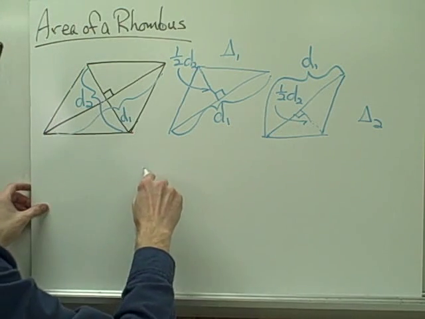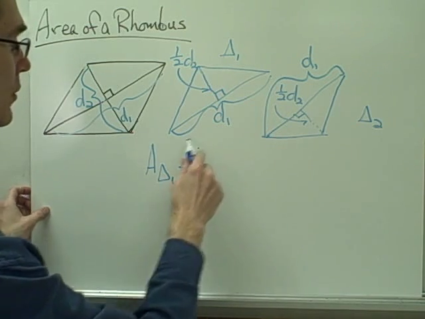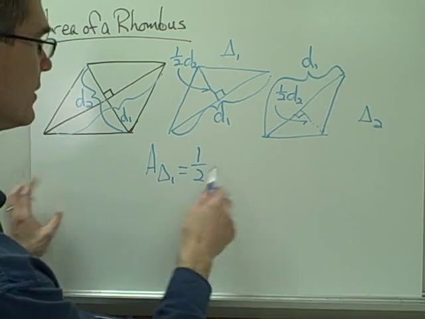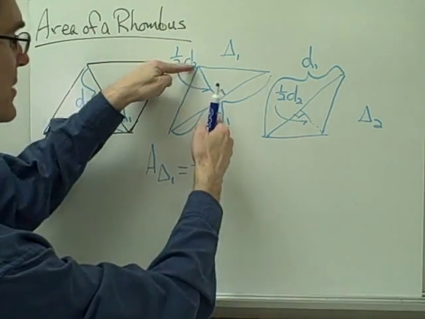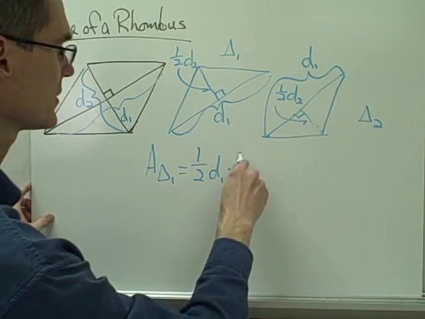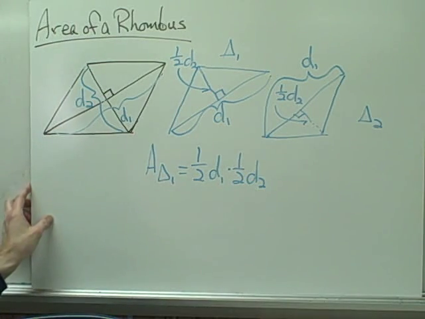I can say the area of triangle number 1 is, once again, the area of a triangle is 1/2 base times height. So 1/2 base is D1, times height. The height of this triangle is 1/2 d2.